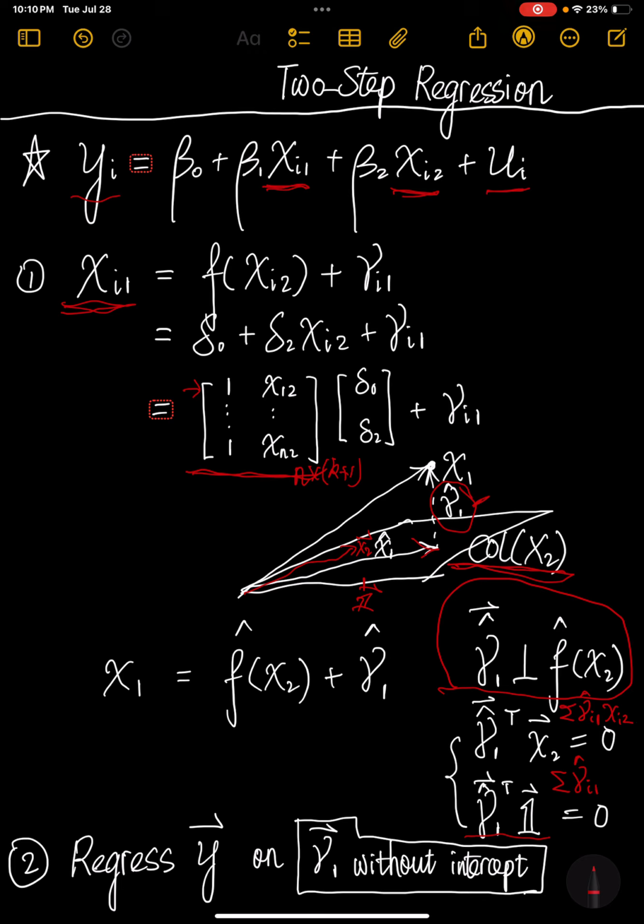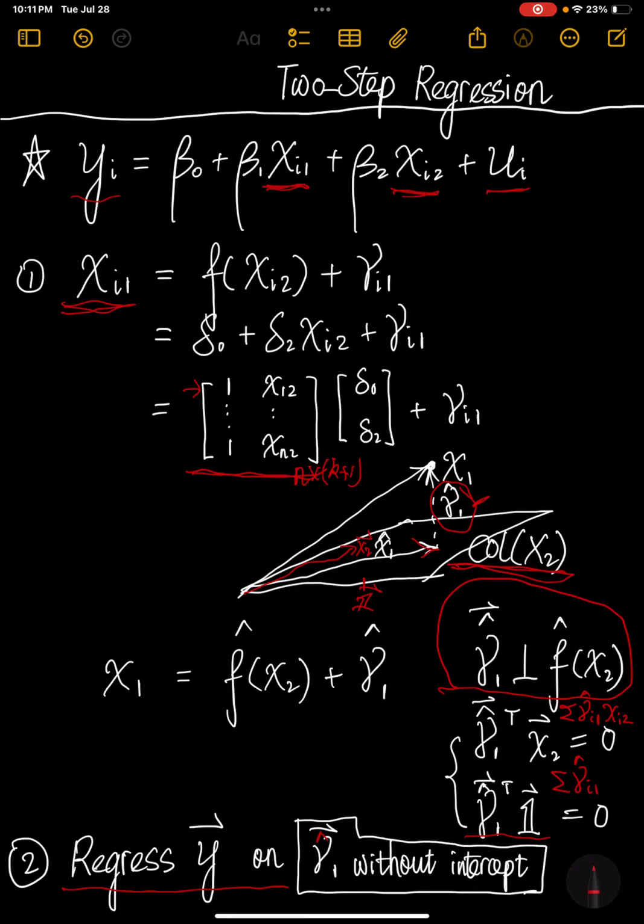But when we are doing this step, regressing the data y on this residual gamma 1 part without the information of x2, we cannot regress it with an intercept, because this gamma 1 residual vector is perpendicular to a constant vector.